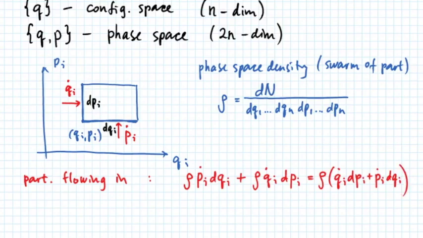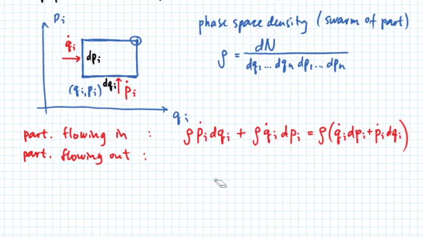Next, we have to consider the flowing out of the particles. So these two sides of the rectangle. So now for particles flowing out, let's first consider the top, this side here.